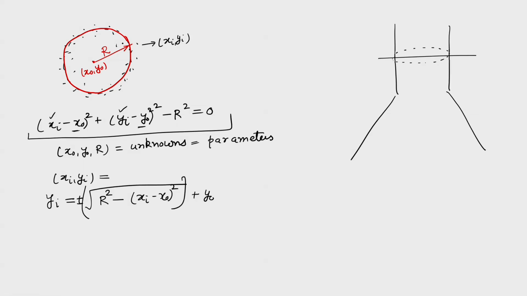But one of you may argue that why can't I write xi equals x0 plus minus the square root of r square minus (yi minus y0) square. What I am saying here is, it is very difficult to say who is dependent and who is independent among x and y, which I observe in the field. Moreover, when I observe x and y using total station or any other device, they are coming as a couple, right? And they are coming by one device, and I cannot say which is dependent and which is independent.